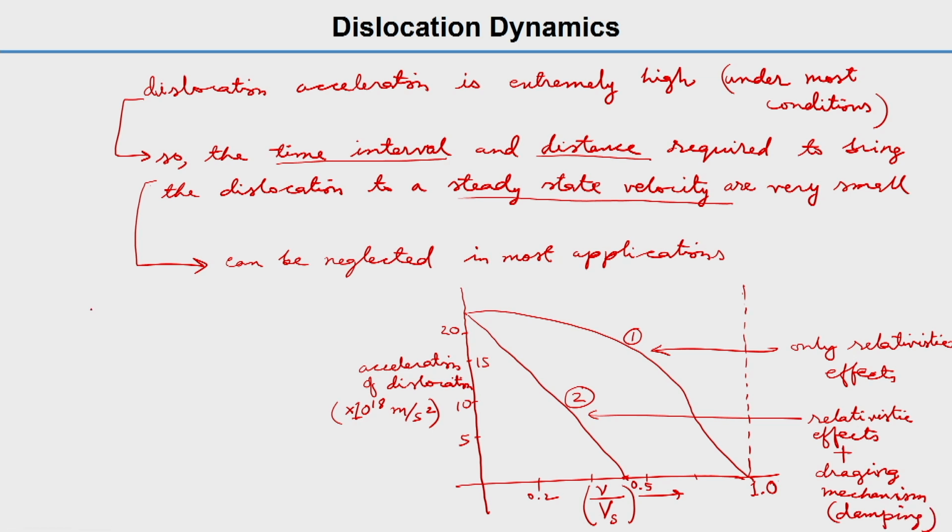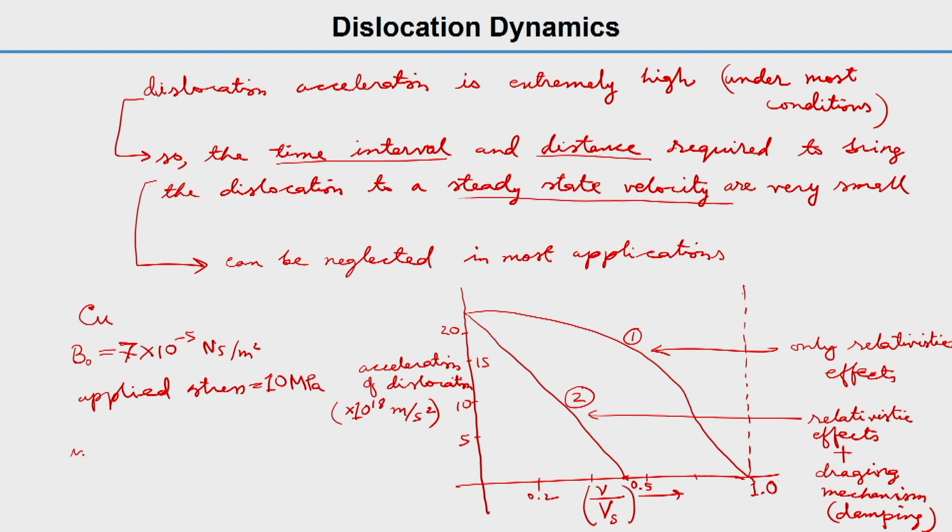This curve is for copper, Cu, and the damping coefficient B naught is 7 times 10 to the power minus 5 Newton second per meter square, and the applied stress is 10 megapascal. So this is the information related to the plot.